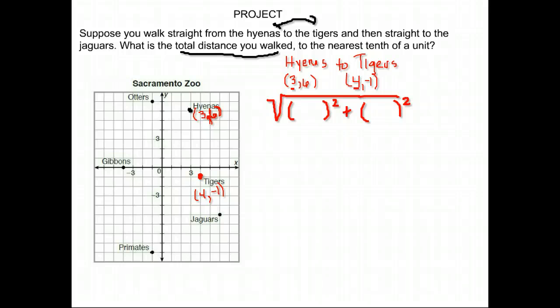Okay, so the x's from our points are 4 and 3. The y's from our points are -1 and 6. So far, so good? Is this looking right so far? Okay, we simplify as we go.